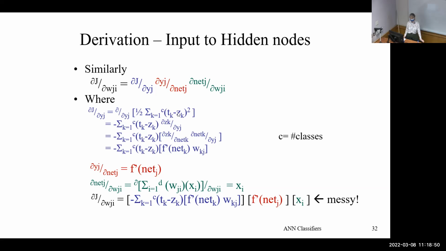We know that there's a y embedded in this z. So it's the derivative of that with respect to z and z with respect to y. Well, the derivative of z with respect to y, again chain rule, is z with respect to net k and net k with respect to y.